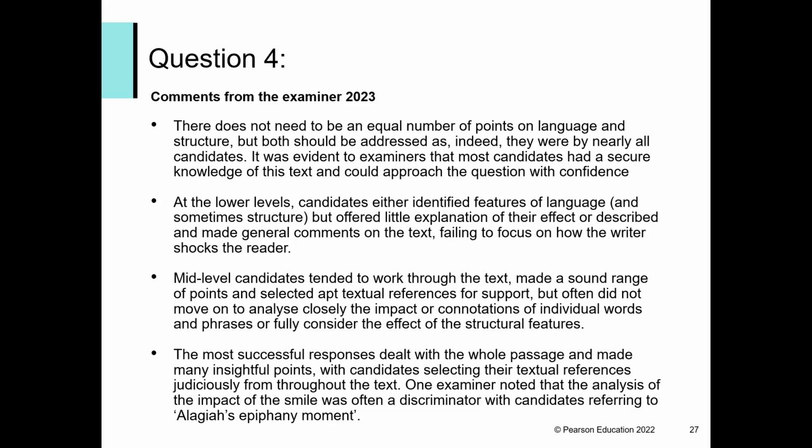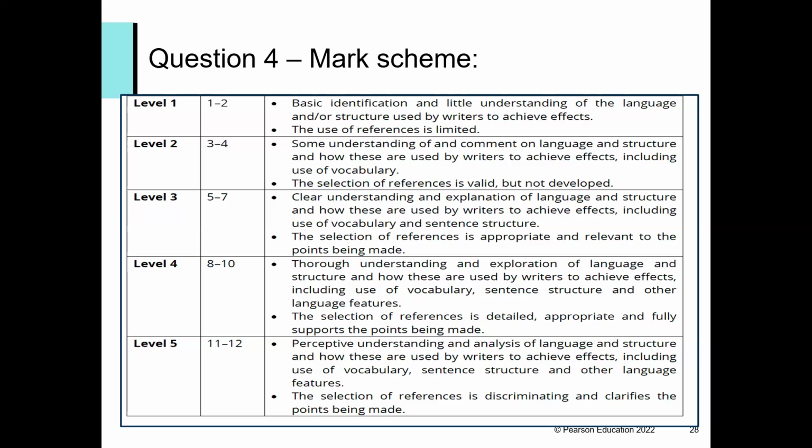So we're just going to have a quick look at the mark scheme, because we've now moved on to, rather than a points-based mark scheme, a levels-based mark scheme. And so we've got 5 levels. The first bullet point is about the language and structure, and the second bullet point in the mark scheme is about the references.